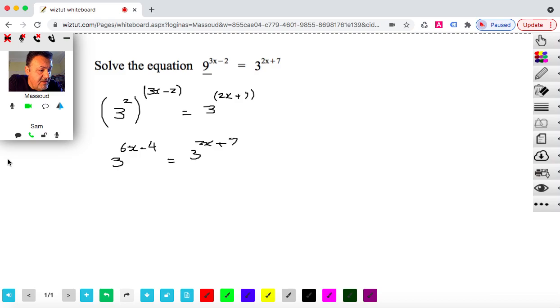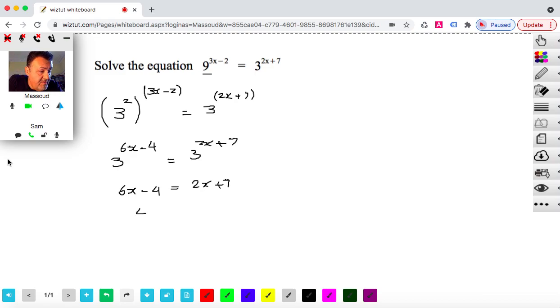Since we have 3 raised to powers on either side of the equation, and the equation is in balance, then it means the powers themselves have to be equal. So therefore the power 6x minus 4 must be equal to 2x plus 7, which is just a simple linear equation to solve.